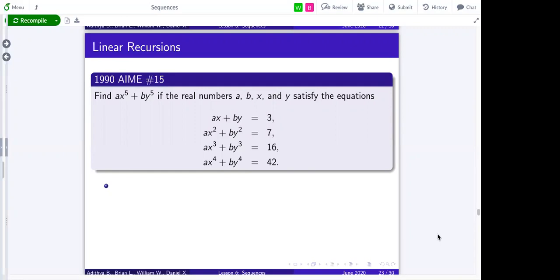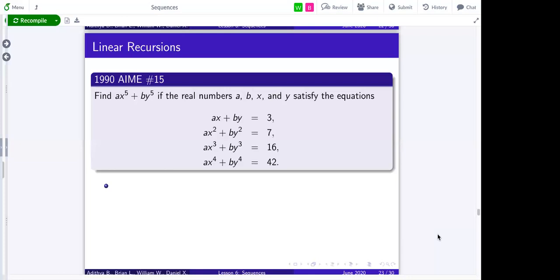So I guess two things to note. One is that this is in the linear recursions section. Look in particular at the left-hand sides of those four equations and also what you're looking for.